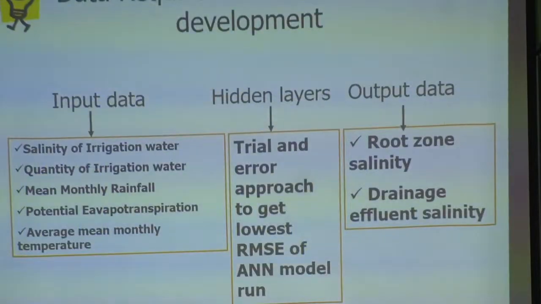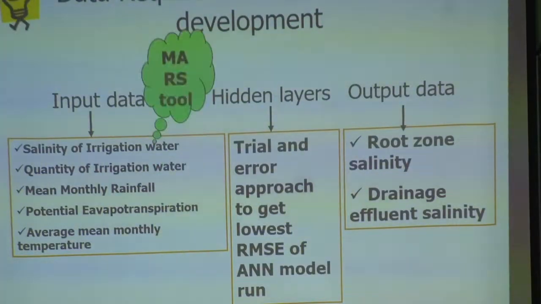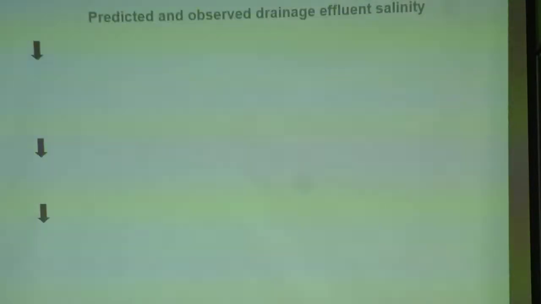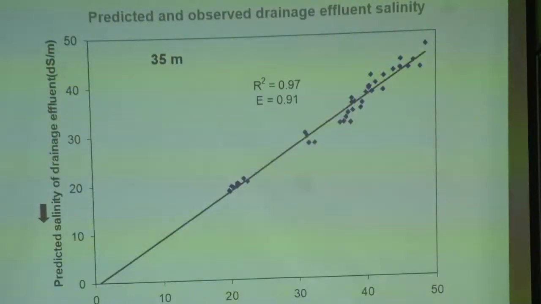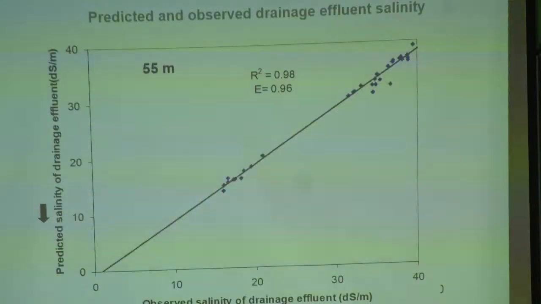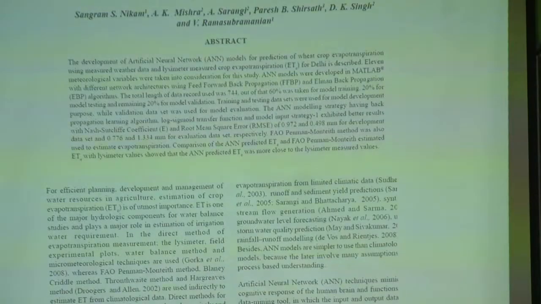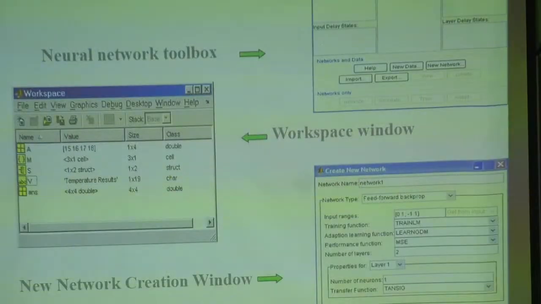And then we have the data requirement I am mentioning, but you know all these things, I want to skip. And then we compare that back propagation neural model, genetic algorithm and Radial Basis function. So we compared all these things, and then we did again the prediction type of thing for different type of drain spacings. And these are some of the data I want to skip. And also we published that in some good journal.